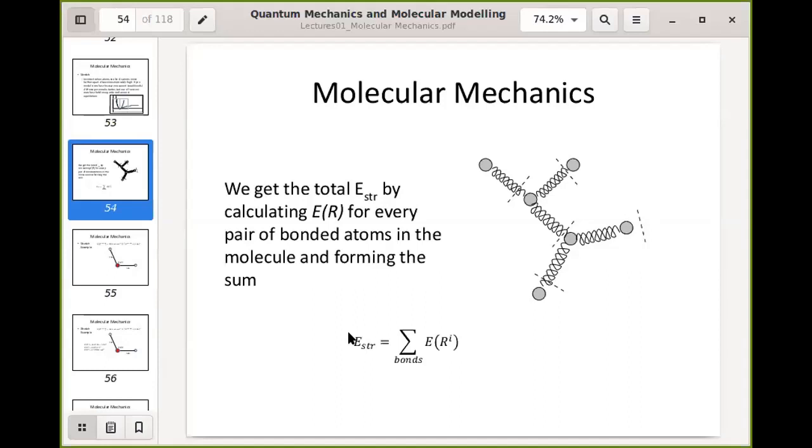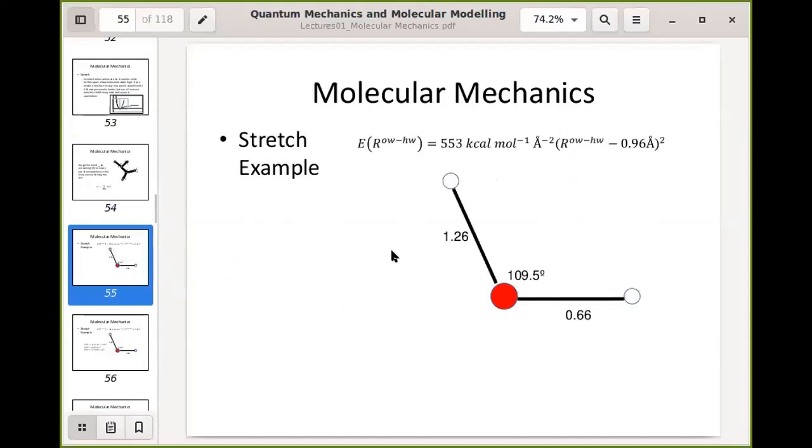Now, in a similar way, we can look at, hang on, I'll just first do an example. So there's a very simple example here of a molecule of water, but of course, you might notice that the angle is not perfect at an equilibrium angle, and certainly the bond distances are not at an equilibrium bond distance.